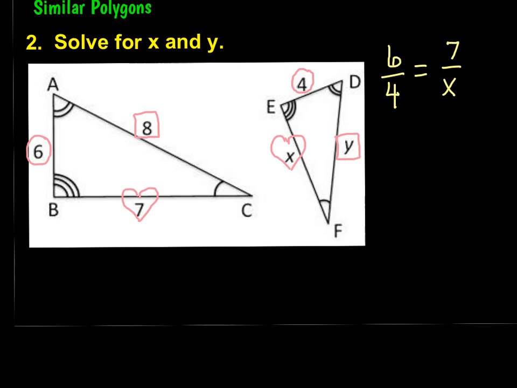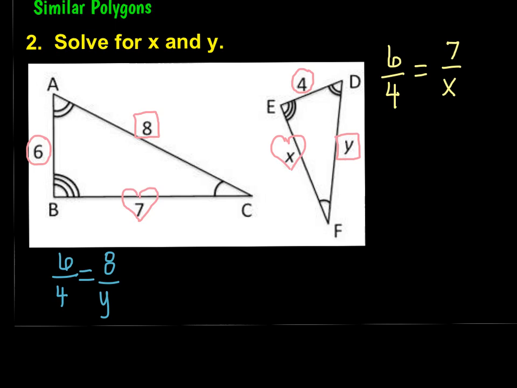Okay, and I might as well set up my other proportion down here at the bottom. 6 over 4 is equal to, and we'll work with the squares, 8 over y.